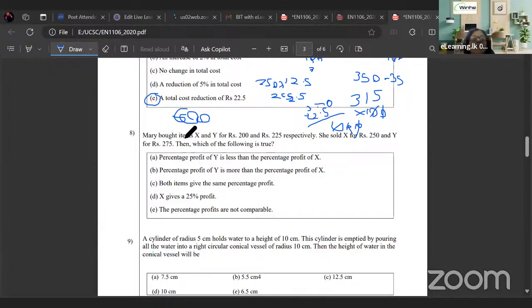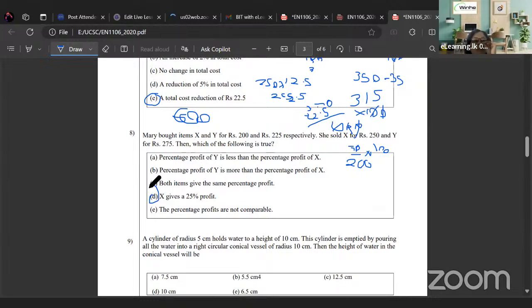We move to question number 8. X sold for 250. Therefore, 50 profit for 200. Then for 200 it is 25, right? So that's correct.